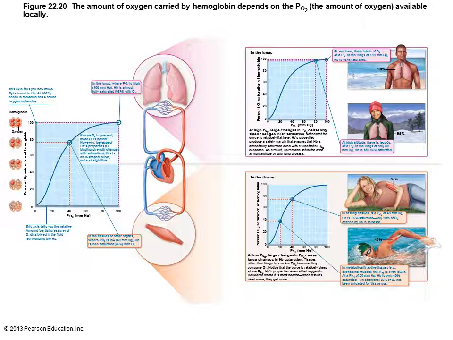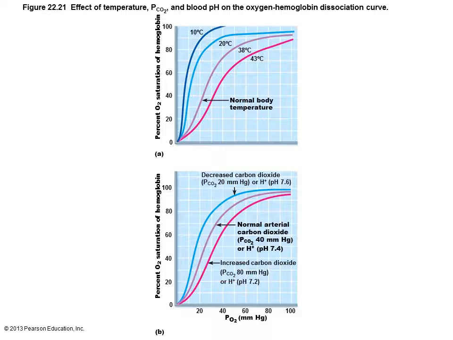Let's look at the effect of temperature, PCO2, and blood pH on the oxygen-hemoglobin dissociation curve. At normal body temperature, shown as a purple line, the percentage of oxygen saturation of hemoglobin is shown. If you decrease body temperature, the curve is left shifted, meaning more oxygen can be bound tightly to hemoglobin.